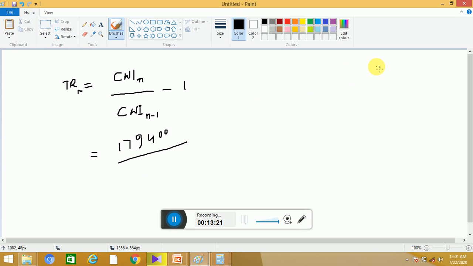Suppose we are calculating from 2015 to 2019. In 2019, what is the cumulative wealth? It is 179,400, and here it was 100,000.